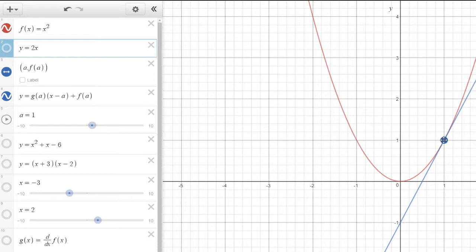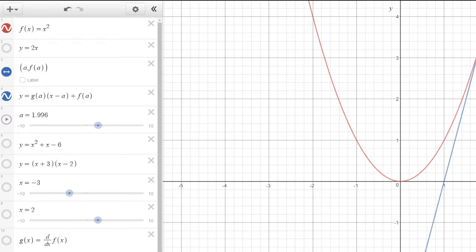If we went to, for example, the point where x equals 2, then the gradient at that point on the curve is going to equal 2 times 2, which is 4.